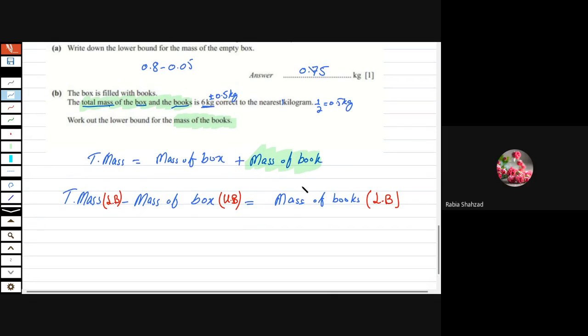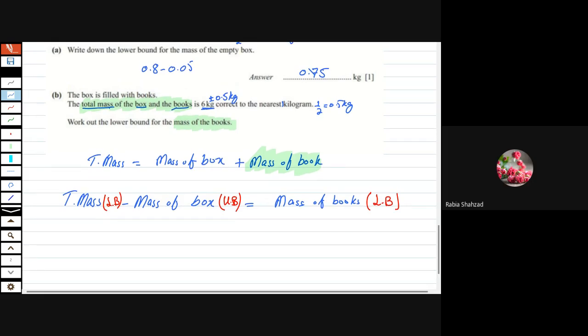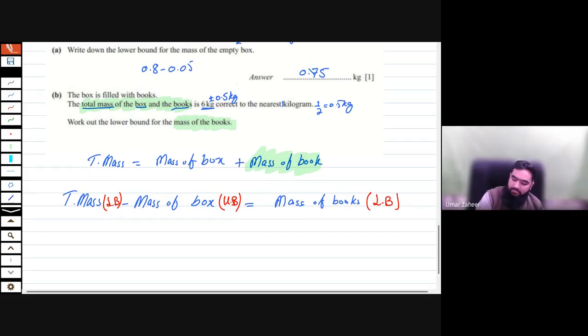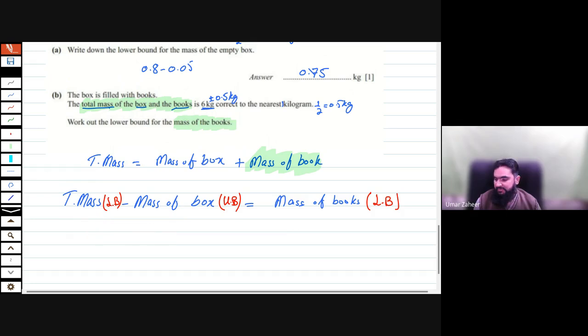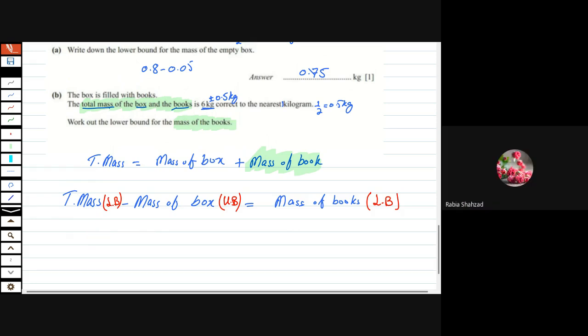Sir, how do we know which one is the first and the second? We have to find the mass of the books, right? So how will you get the mass of books? From total mass minus mass of box, not from mass of box minus total mass. When we say first, we mean the order in which they're written.